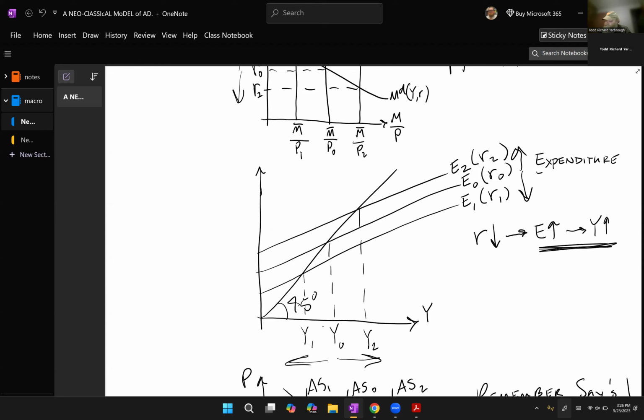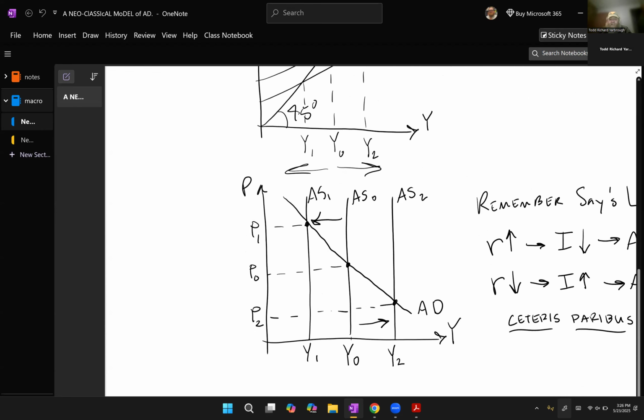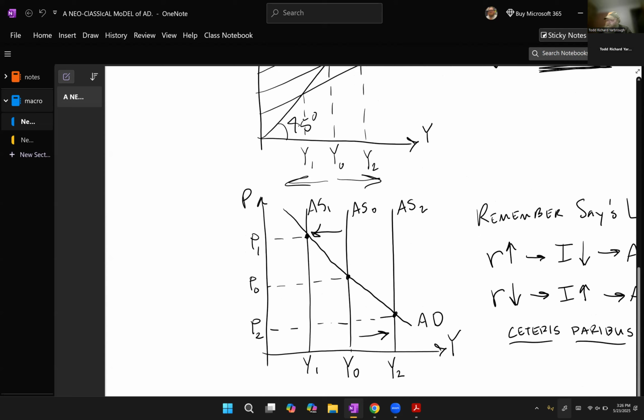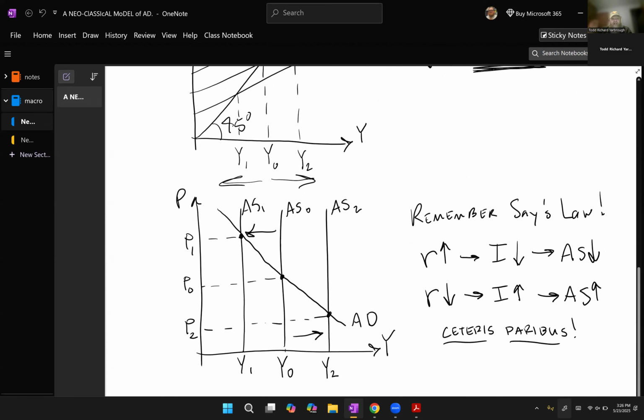Last piece of it, aggregate supply, aggregate demand. Remember Say's law. In the classical, neoclassical model, we pretty much think supply creates demand. What this means is that it's aggregate supply which moves to equilibrate with aggregate demand.